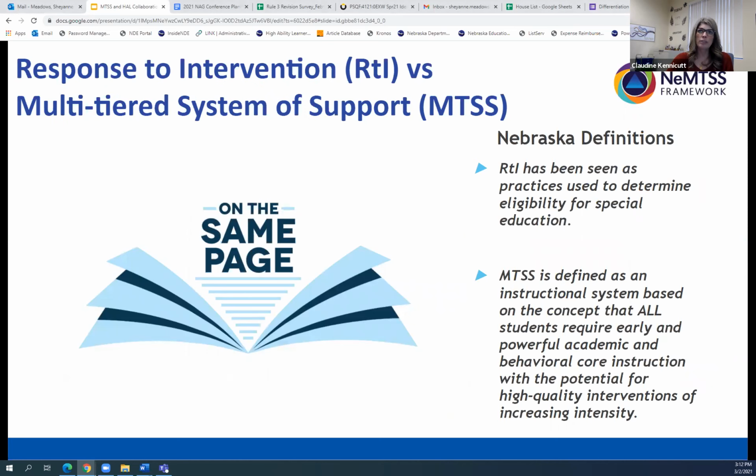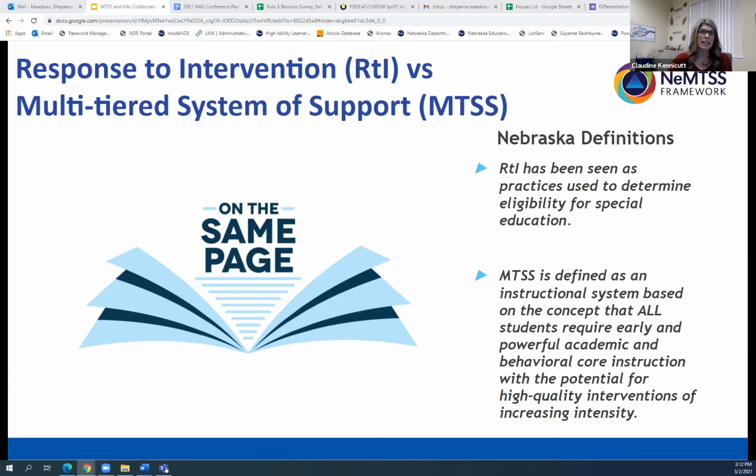So we're going to just briefly look at a couple of different definitions. So when we start thinking about high ability learning and how it fits into our MTSS framework, we want to take a moment to differentiate between response to intervention and a multi-tiered system of support.